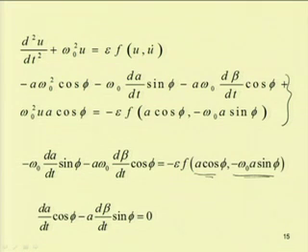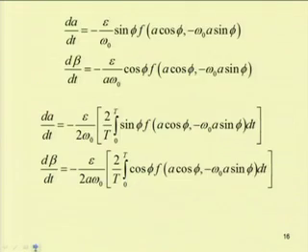So, one can obtain this equation: minus omega 0 dA by dt sin phi minus A omega 0 d beta by dt cos phi equal to minus epsilon f a cos phi minus omega 0 a sin phi. From this equation and the previous equation, one can find a set of equations.